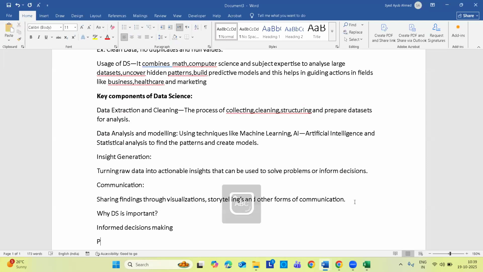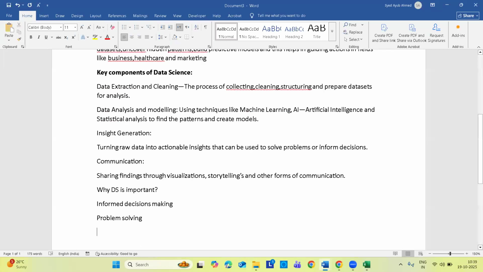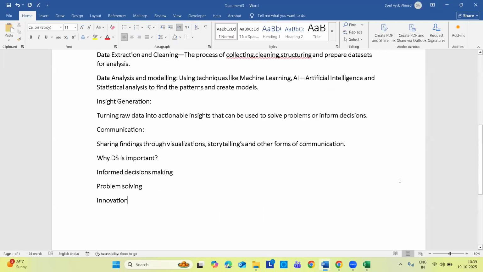Next is problem solving as well, right? Because it will solve your business problem, what you're dealing with, and innovation. Basically, it will help the companies to improve its products, improve its sales, better customer experience and all. That's why DS is important.